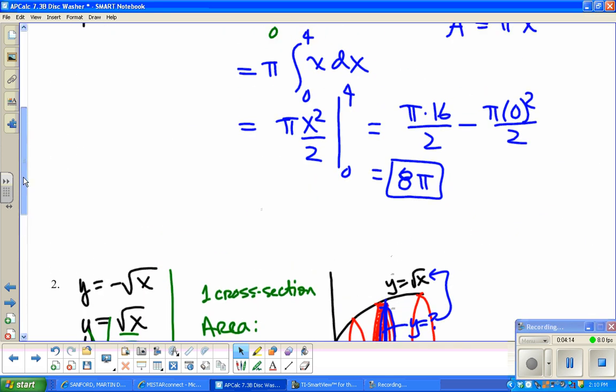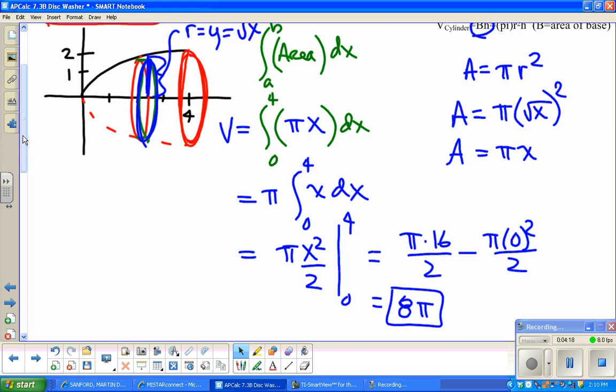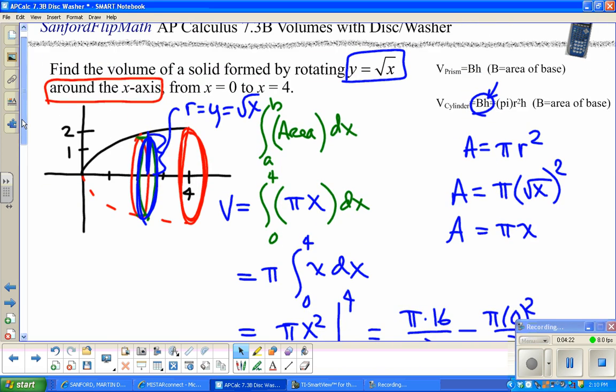Again, the focus here is on things that come from rotating. One of the things you want to hone in on is where is the mass? Where is the stuff? In this case, we're rotating something around the x-axis, and the solid being formed fills in the space around that x-axis.